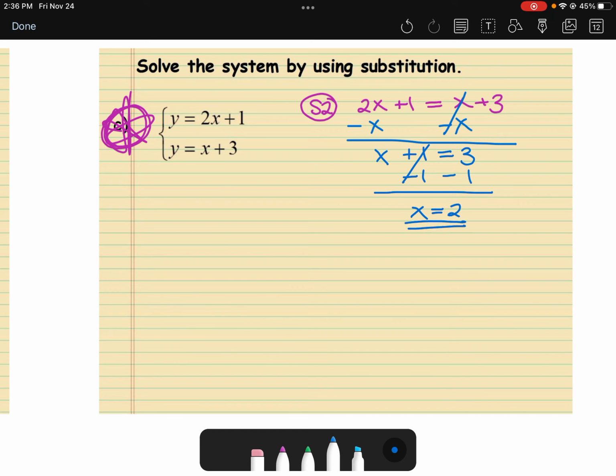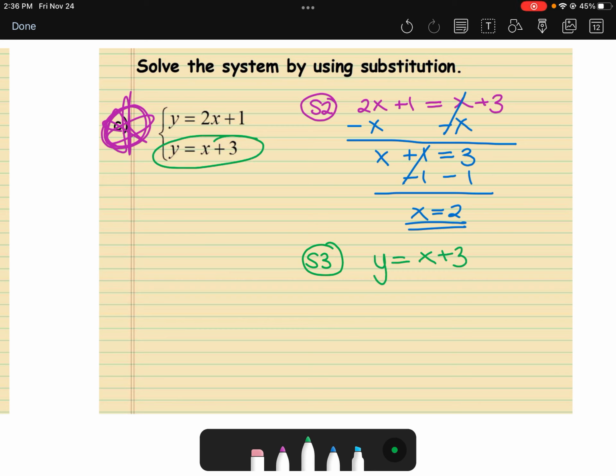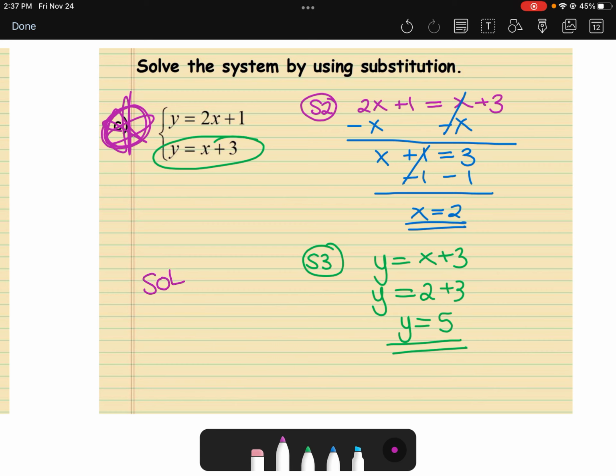Well, now that we have that, let's go ahead and go to step 3 to find that other variable. Again, it doesn't matter which one I pick. That looks like the easier math, so I'm going to pick that one here. Again, x is equal to 2, and 2 plus 3 is 5. So my solution, so where these two lines intersect, is going to be at the point 2, 5.